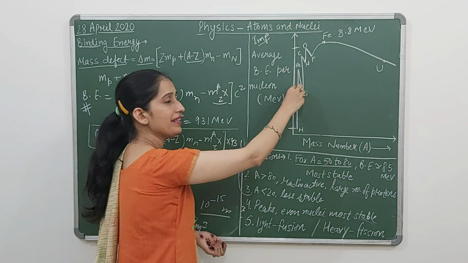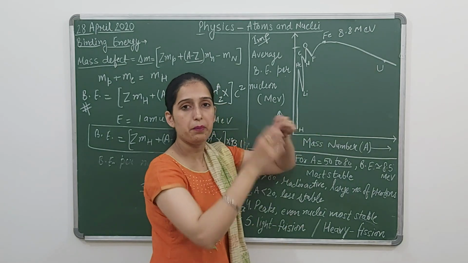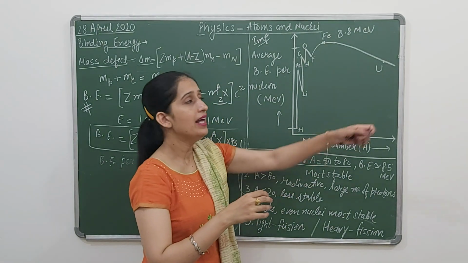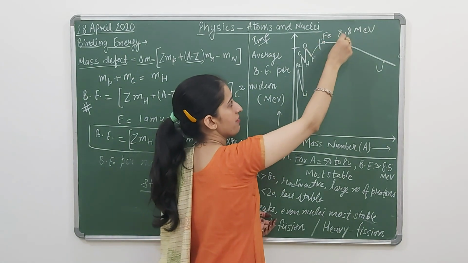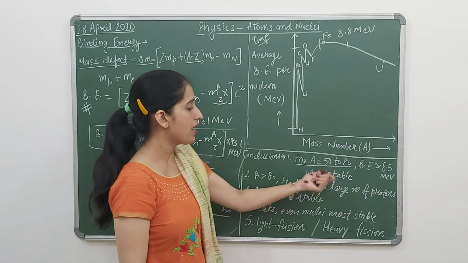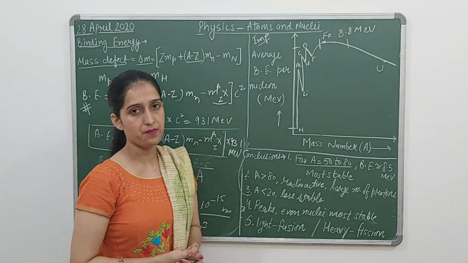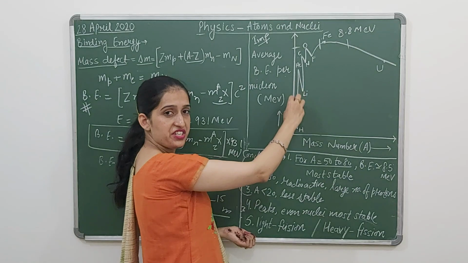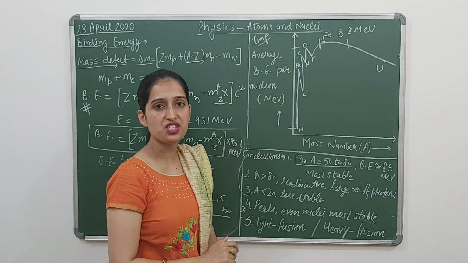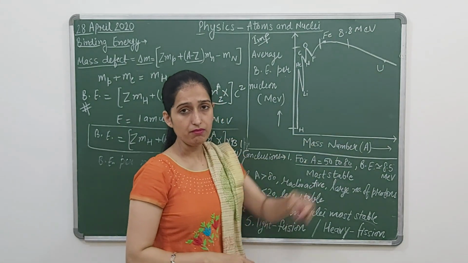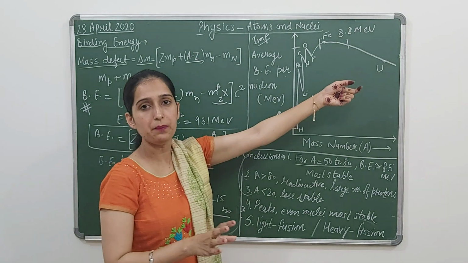They will combine and make a heavy nucleus. They are breaking themselves and making lighter nuclei. They want to come in this range, having the mass number between 50 to 80. Everyone wants stability. They will combine with each other, fuse with each other and move to this range. In fission, they are going to break up.